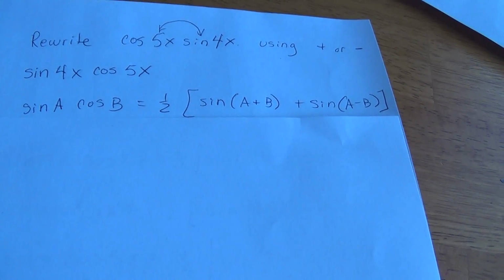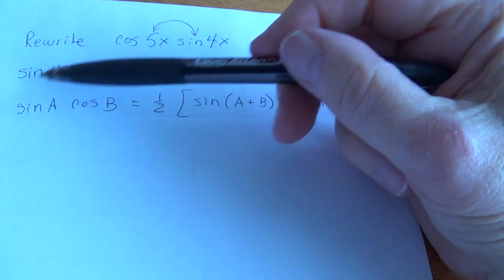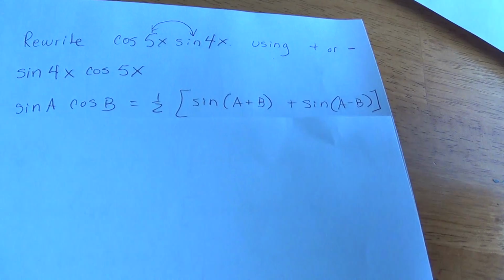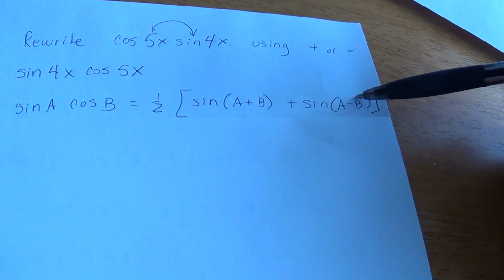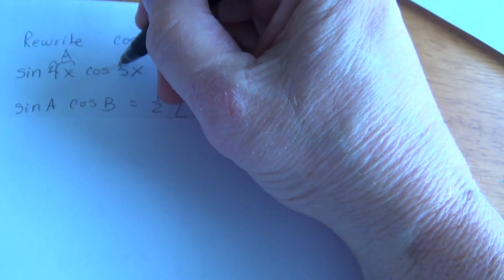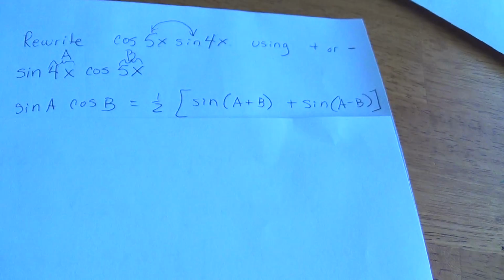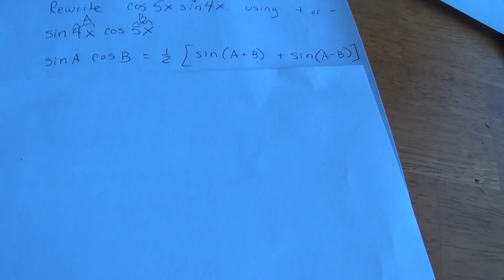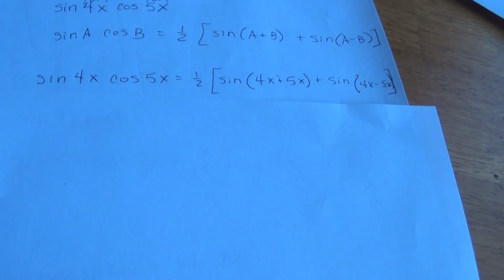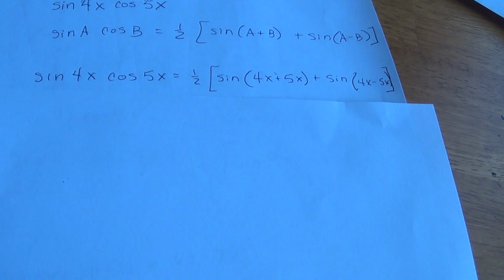And I'm going to pick up the one that looks like this. It has the sine of an angle times the cosine of an angle, and I'm going to have to put it in this form, and this is going to be my A, and this is going to be my B. All right. Sorry, I was videotaping this in the sun, and now this became cloudy because it gives the paper a blue hue.